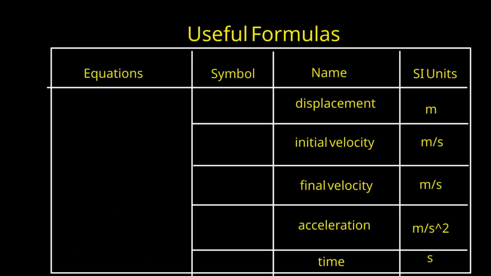All right, so for some useful formulas here, the symbol for displacement, we're going to let it be an x. Velocity, I like to put vi, or you can use vo, whichever you prefer. Final velocity, acceleration, and I'll use a lowercase t for time.